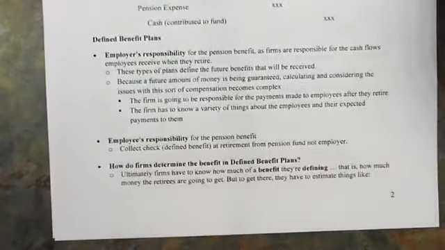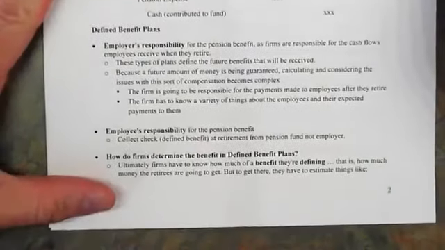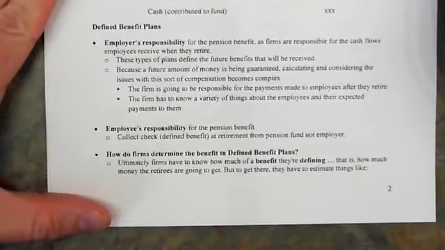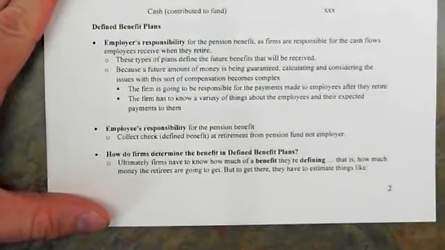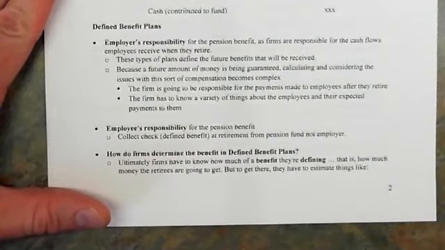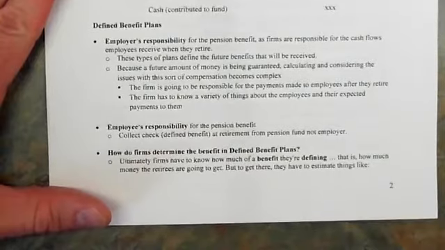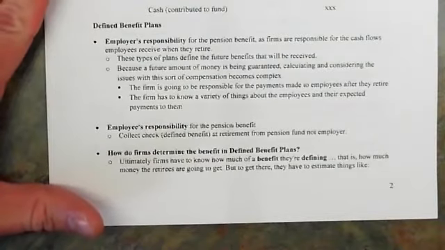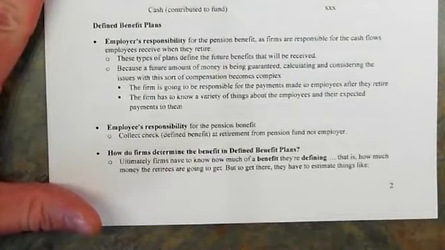Defined benefit plans are the more complex, old style of plans. It's the employer's responsibility for the benefit, because now they're saying, I want my employees to get $5,000 a month every month after they retire. That is the definition of our benefit, right? So now you're not just saying, the definition of our benefit is we'll match up to 10% of your salary this month.